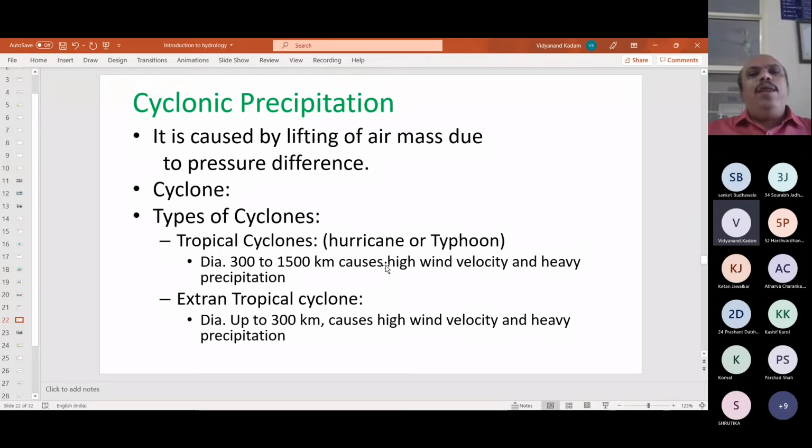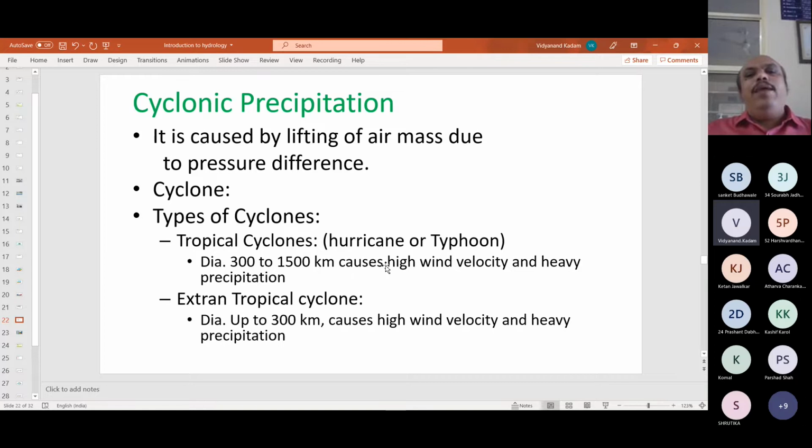Now, how does precipitation take place due to a cyclone? Due to cyclonic action, the air mass gets lifted. Okay, and why are these cyclones developed? Cyclones are developed due to the low pressure belt.